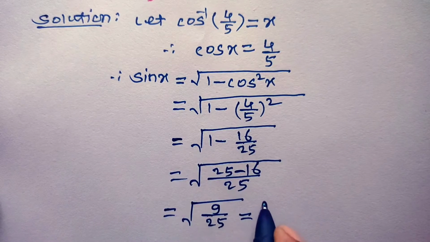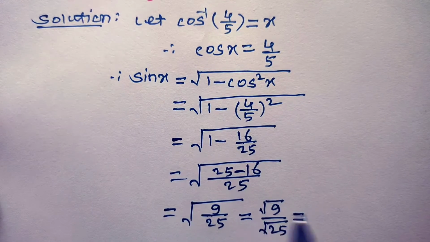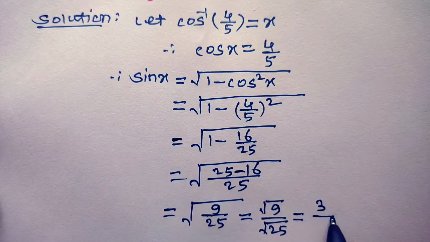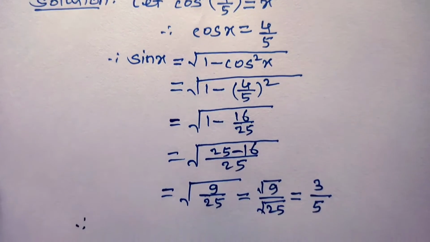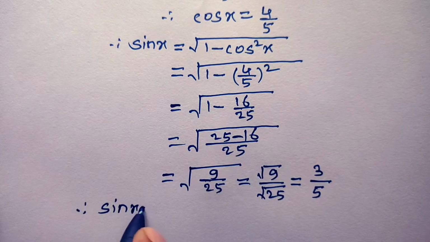This is equal to square root of 9 upon square root of 25, and this is equal to 3 upon 5. Hence sin x is equal to 3/5.